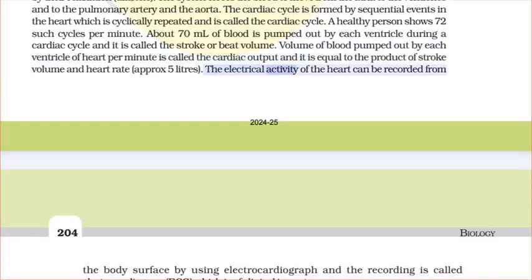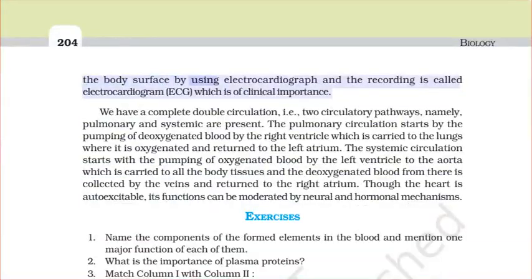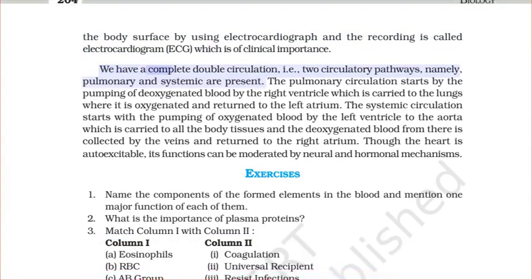The electrical activity of the heart can be recorded from the body surface by using an electrocardiograph, and the recording is called an electrocardiogram, ECG, which is of clinical importance. We have a complete double circulation, that is, two circulatory pathways, namely pulmonary and systemic, are present.